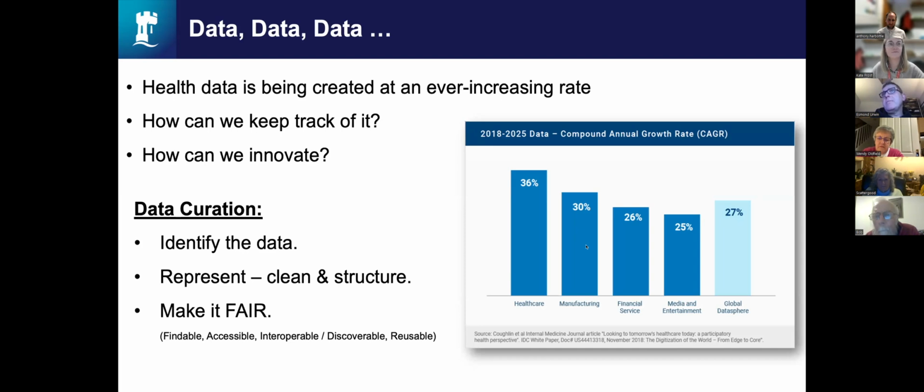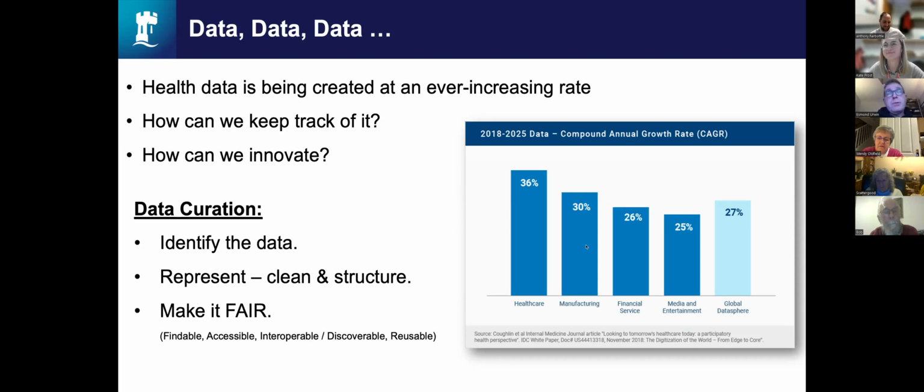So just looking at what's uploaded every day to YouTube, relatively inconsequential stuff, health data, which is incredibly important, is growing at an increasingly large rate.